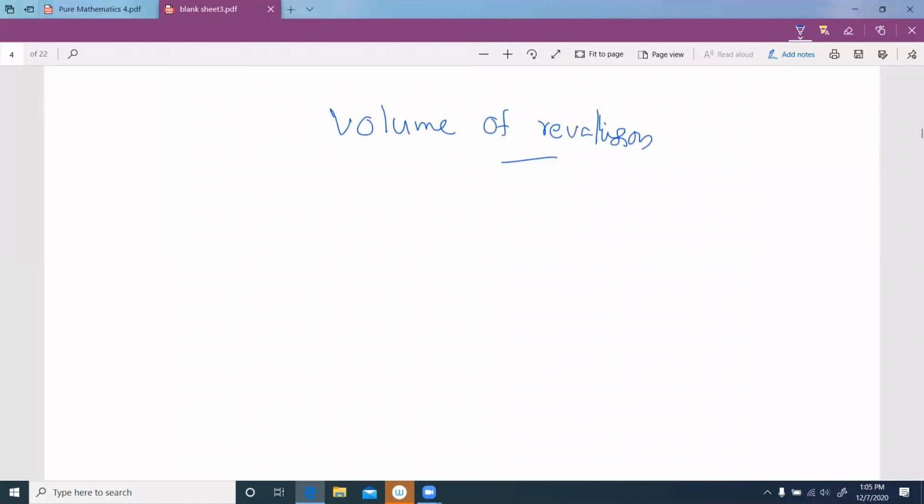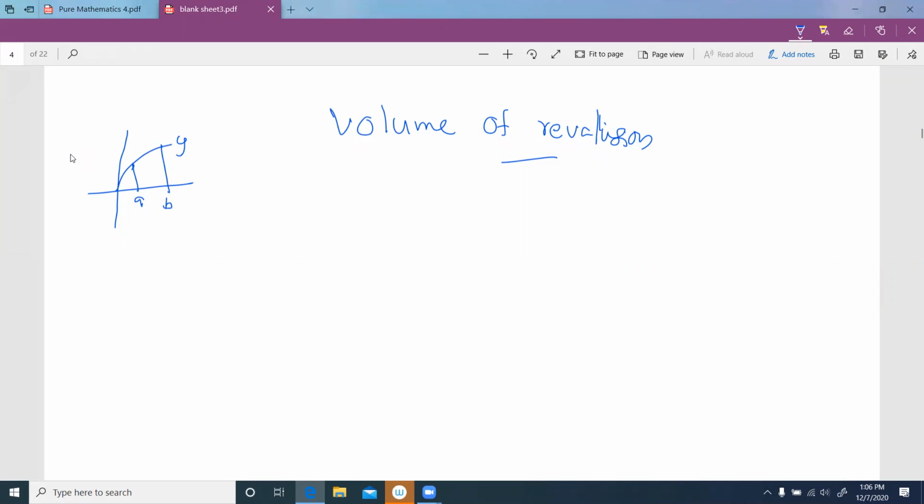If you get a shape somewhere like this, from a to b, that is y.